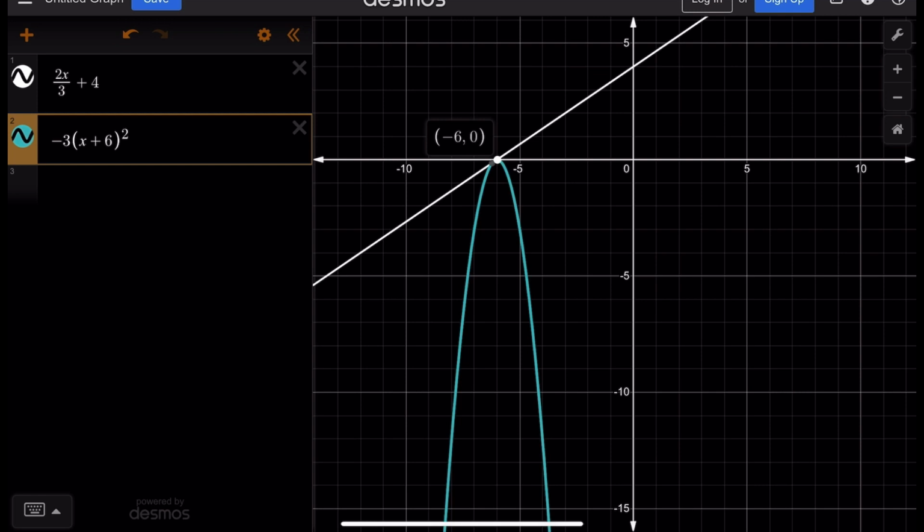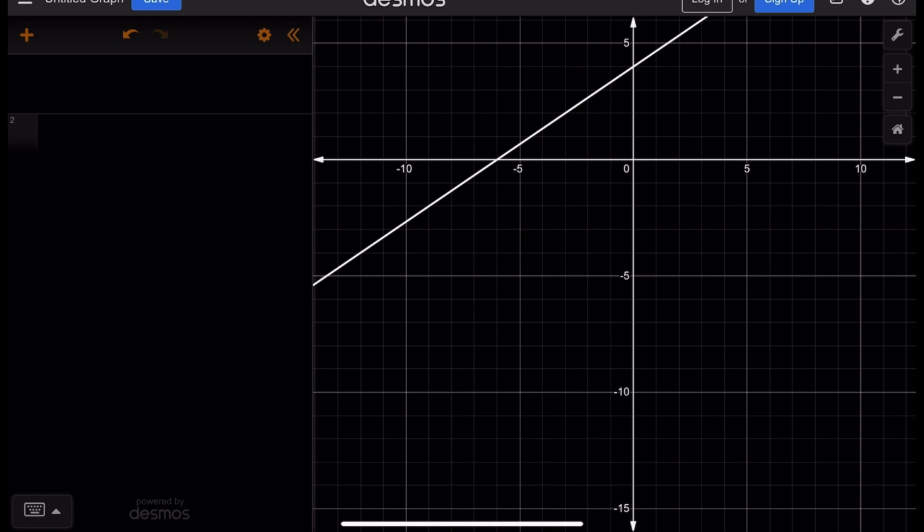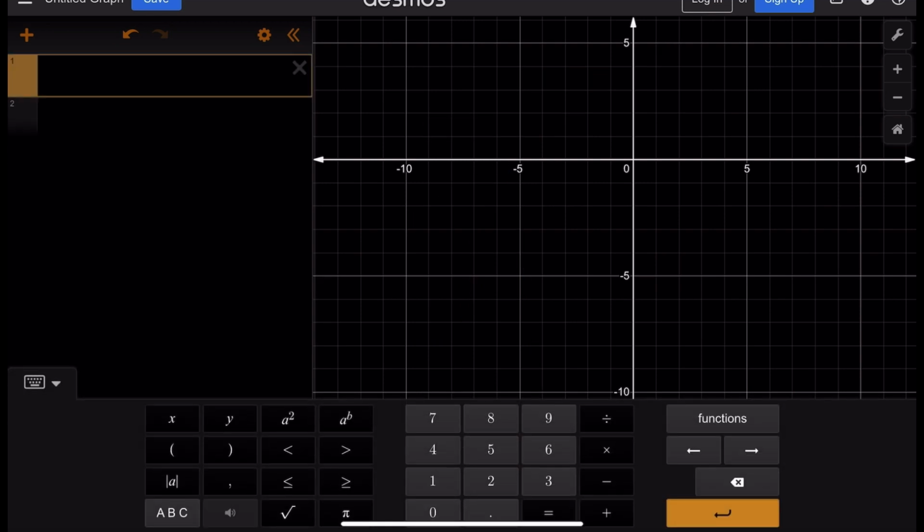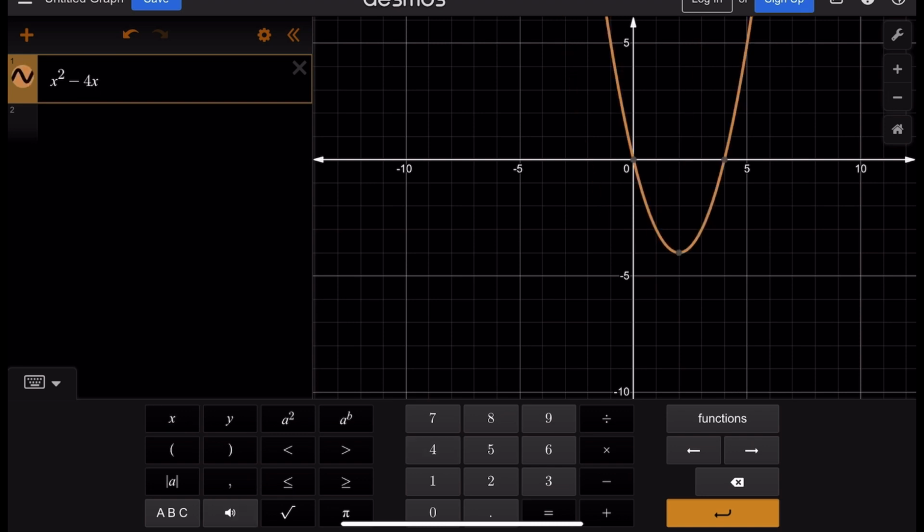For B, let's remove this. Our B is x squared minus 4x plus 1. Okay, this is my first equation.